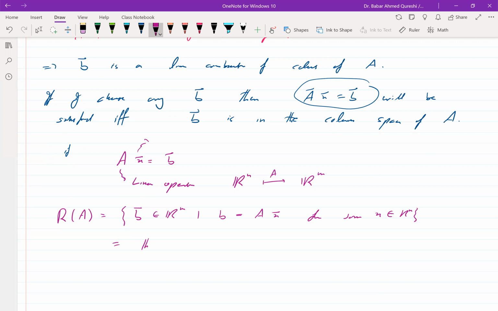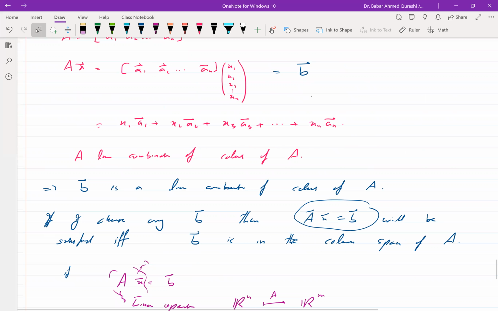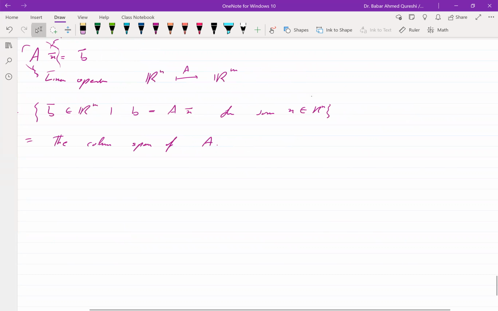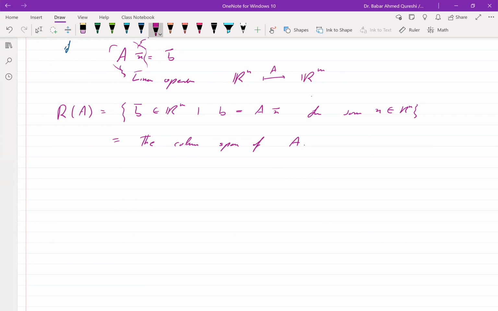But that's only possible if B is in the column space of A. This will be equal to the column space of A, because you are considering all possible x. So you are making all linear combinations here to generate possible B's. So that would be the range of A. But this is just another name for the column space of A.